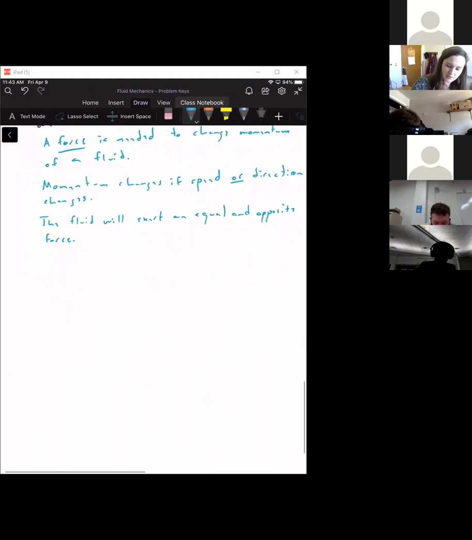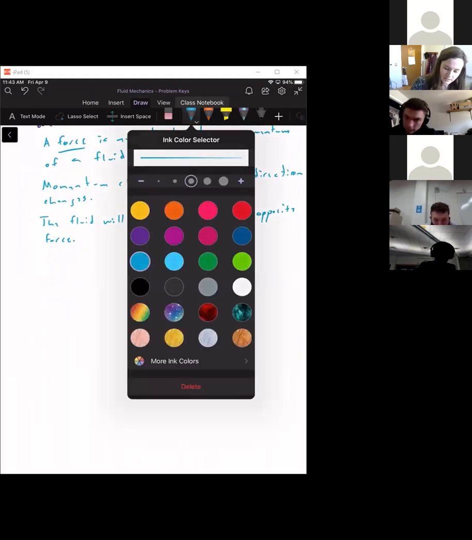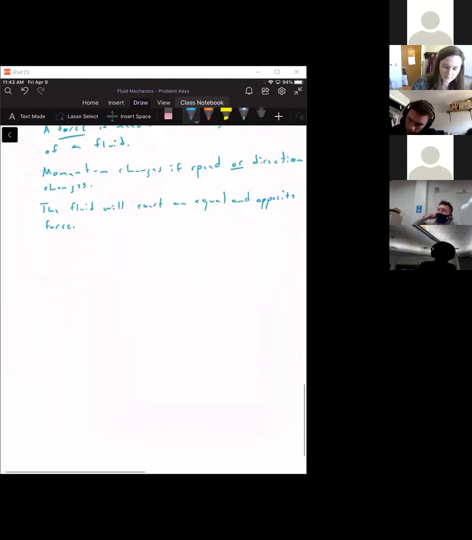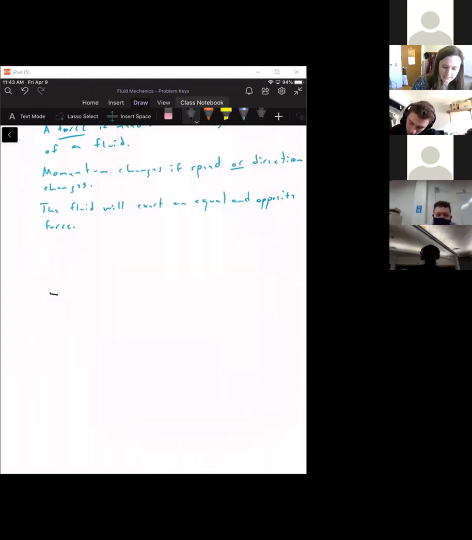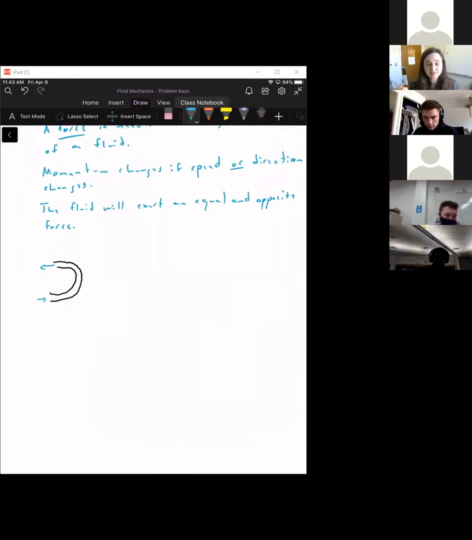So for example, if we have a pipe with water and it goes like this, out like that, what direction does the force on the fluid have to be pointing?